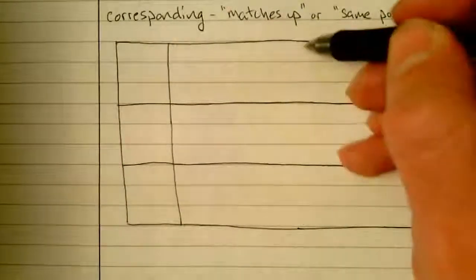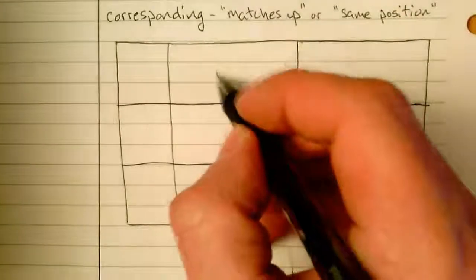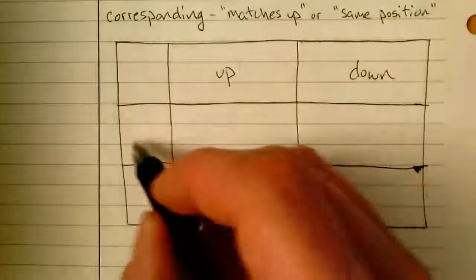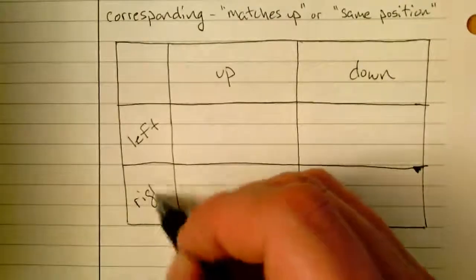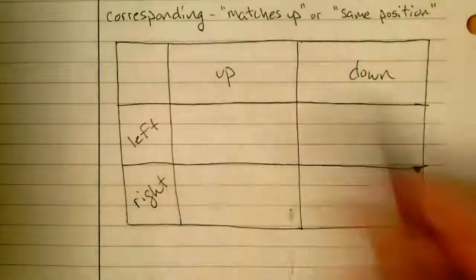So there. Now we have up, down, left, right. So, up, down, left, right.